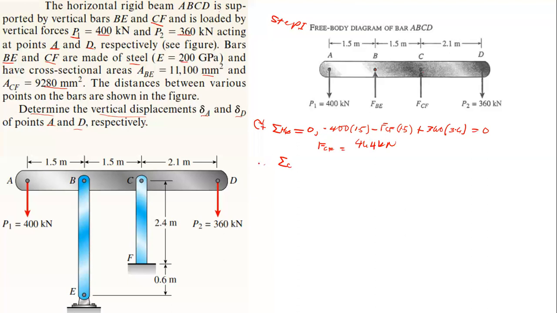Okay? So again, clockwise positive. Summation of moment at C equal to 0. So we have negative 400 times 3, because at point C, the total distance from point A to point C is 3 meters.